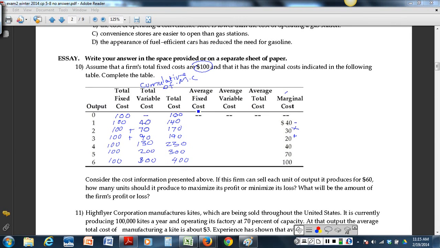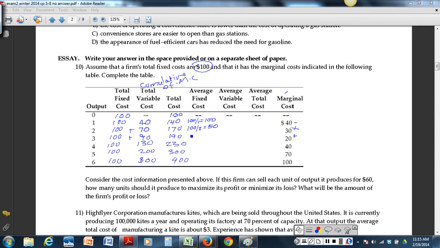So what's the average fixed cost? Well, when I produce 1 unit, my fixed cost is $100. My number of units I produce is 1. So divide by 1, that would be exactly $100. But when I start producing 2 units, I'm spreading the $100 fixed cost over 2 units. So now it starts becoming 50.